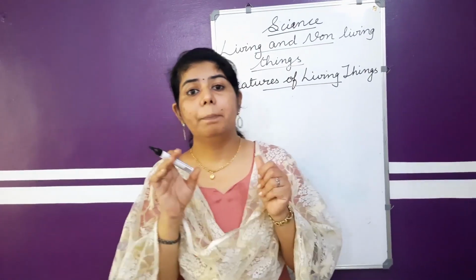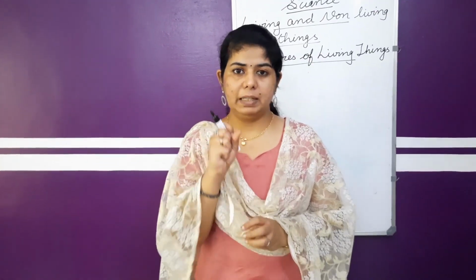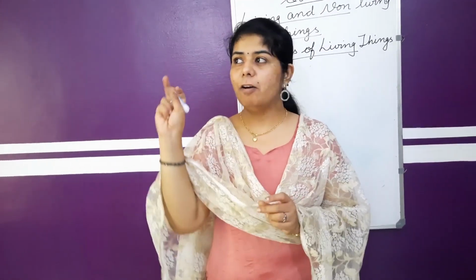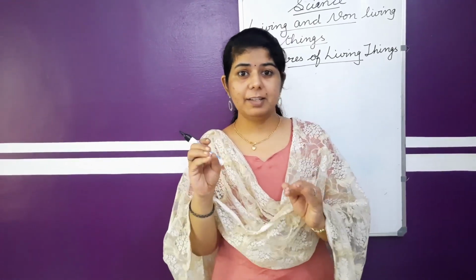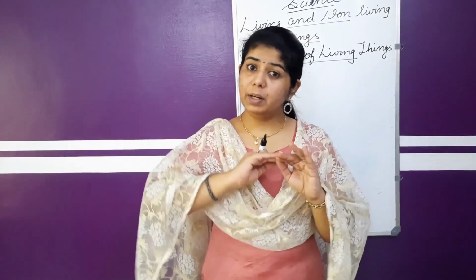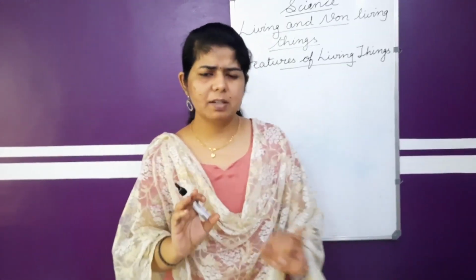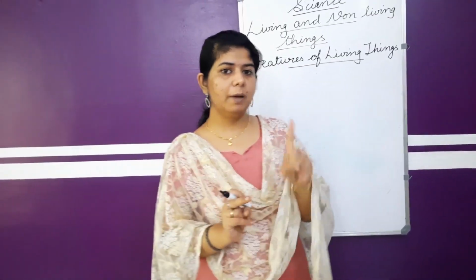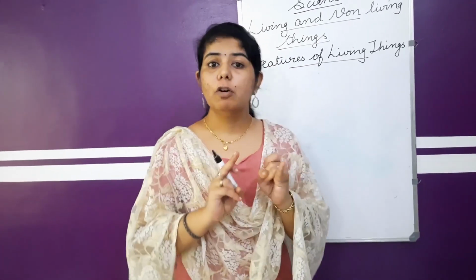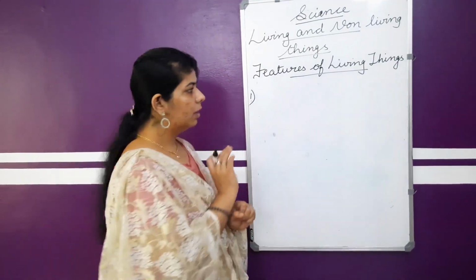The plants are the only living things that prepare the food by themselves with the help of sunlight, water, all those. That we will study in detail when we learn about the plants. Just remember it. Plants are the only living things that prepare food by themselves. So first one, all the living things need food and water to live. That's the first specialty of the living things.